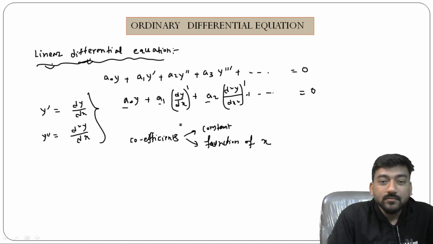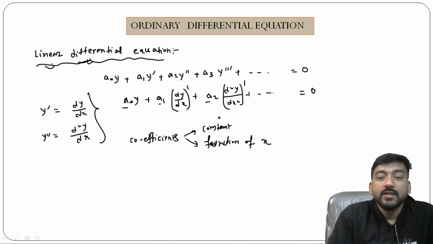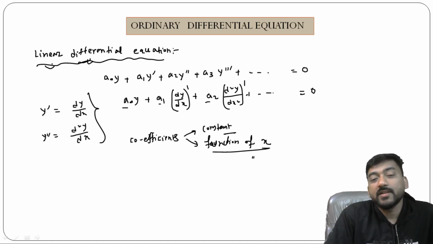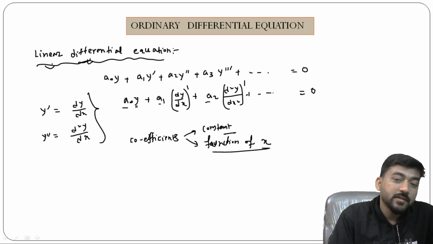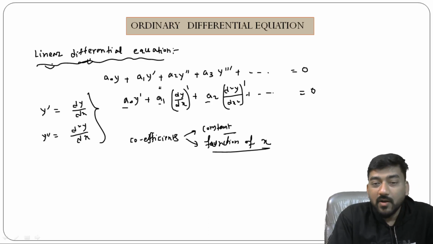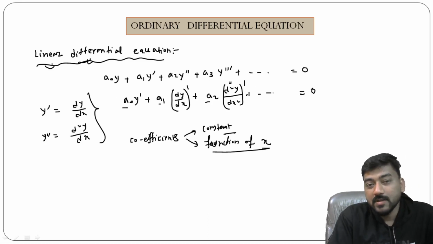The coefficients a0, a1, a2 may be constant or functions of x. If the power of dy by dx, d2y by dx2, all the derivatives and also y is 1, then only it is called a linear differential equation.